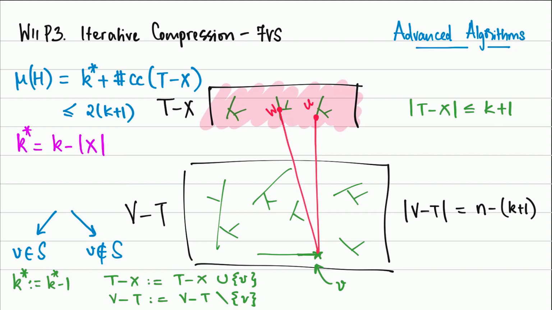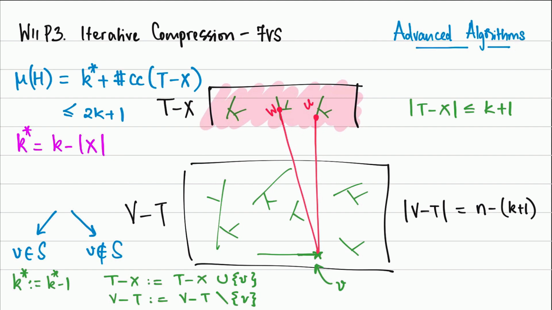So in fact this is bounded by 2K plus 1. Right, so that's an upper bound on the measure to begin with, and what we know is that this measure is reducing by 1 in both of our branches.